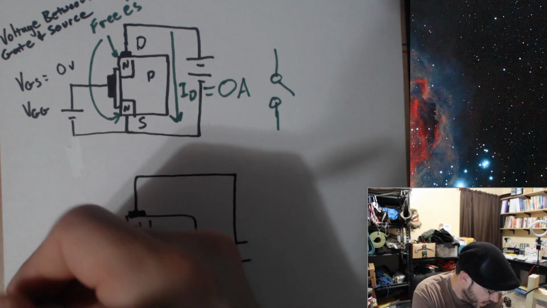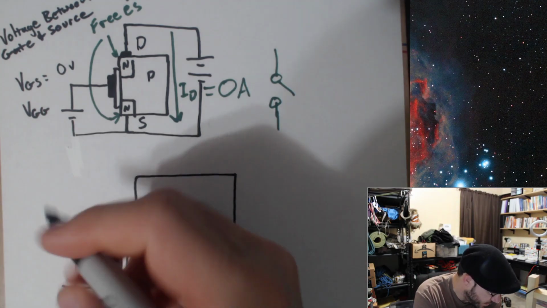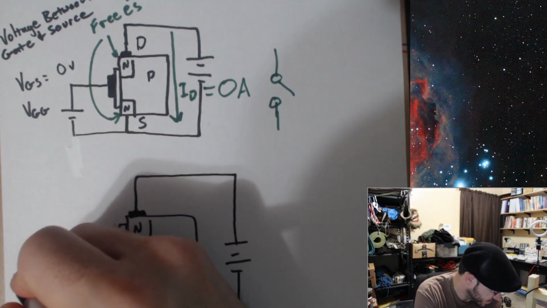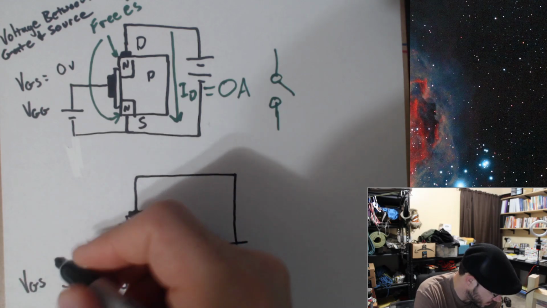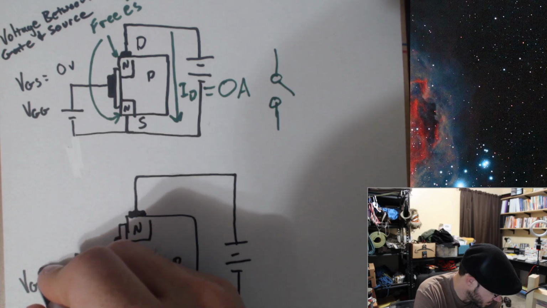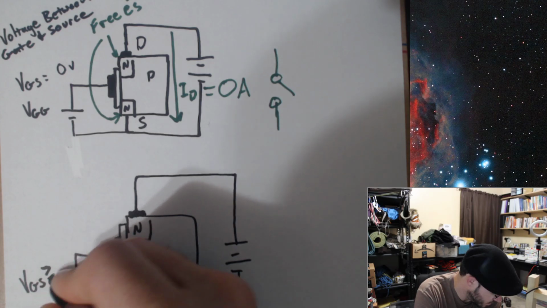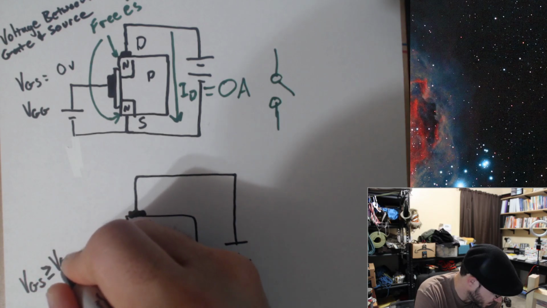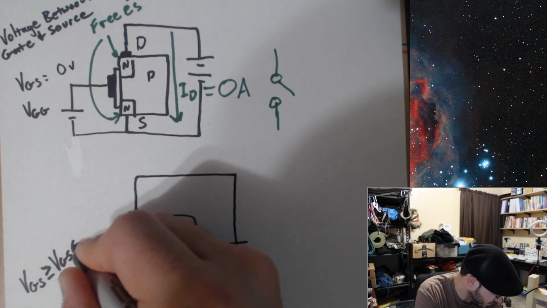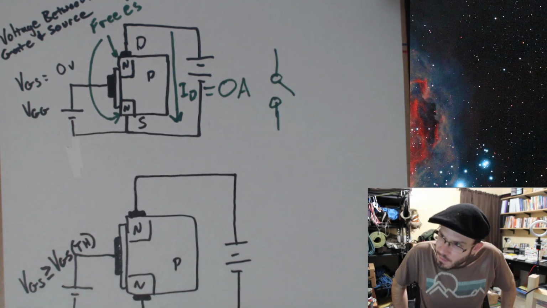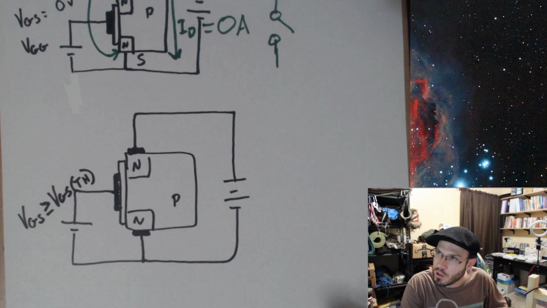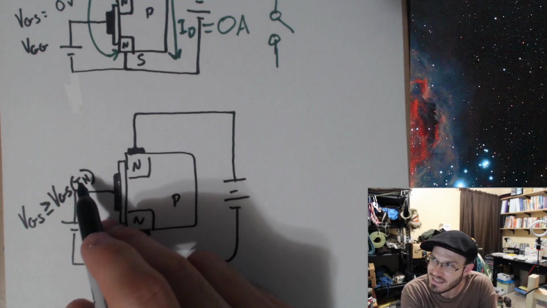Okay, if we increase VGS, and we're actually going to have a number associated with this. That number is referred to as VGSTH.